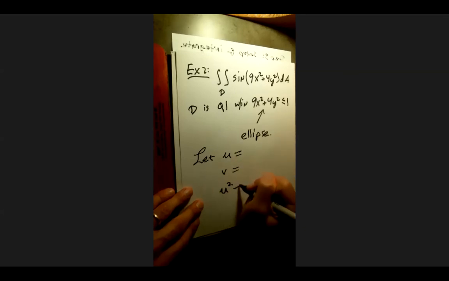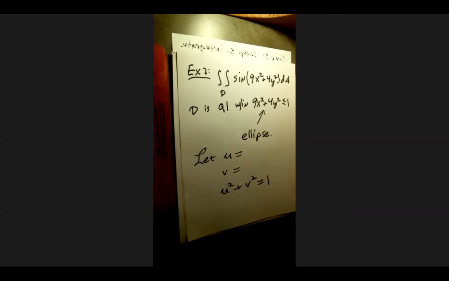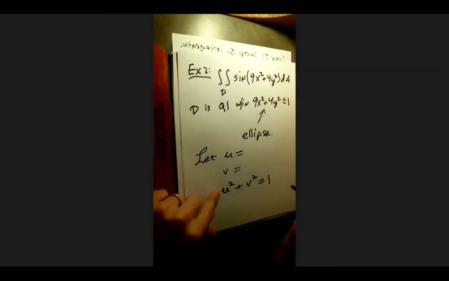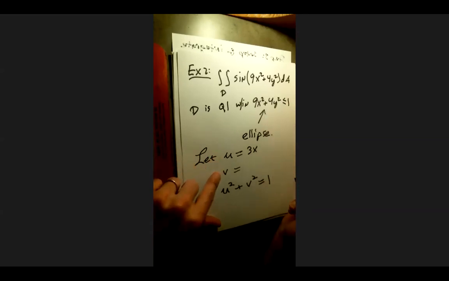Something like u squared plus v squared equals 1. If we want to end up at u squared plus v squared equals 1, what do we need our u to be? 3x. 3x times 3x would be the 9x squared. And our v? 2y.